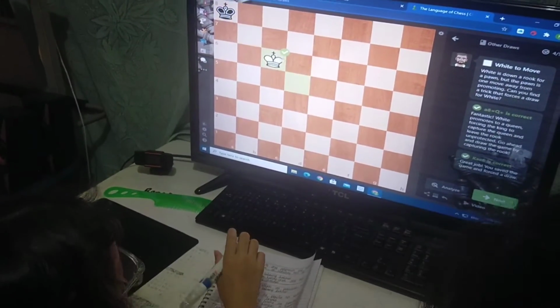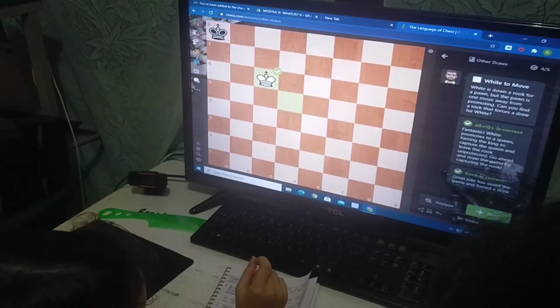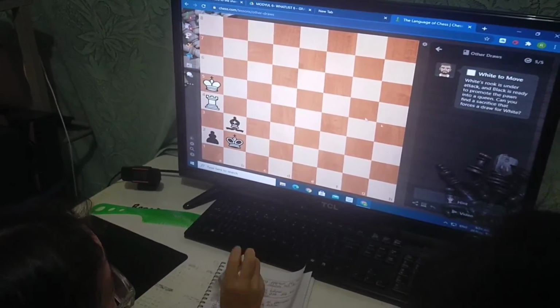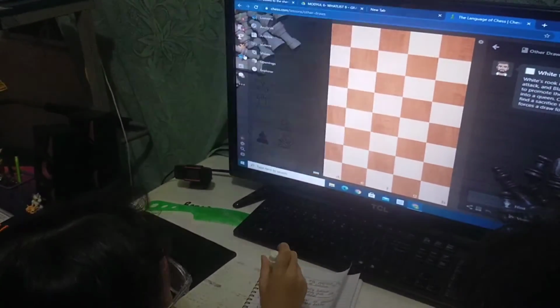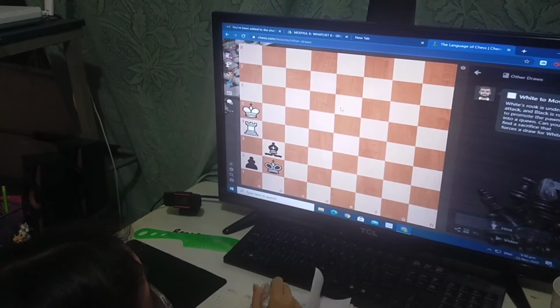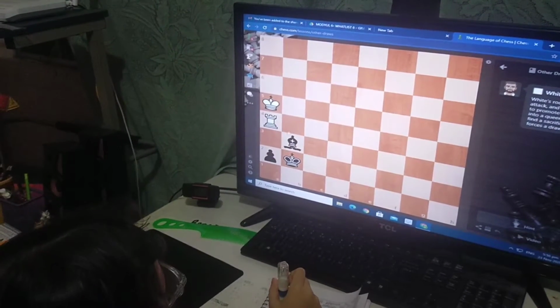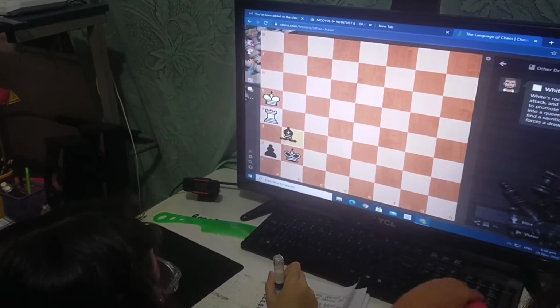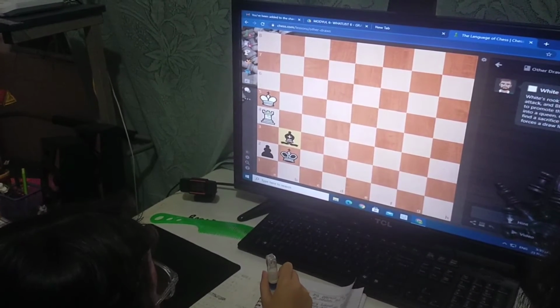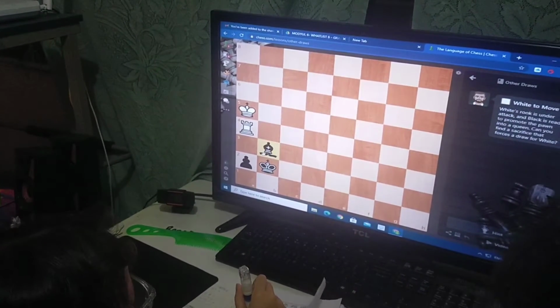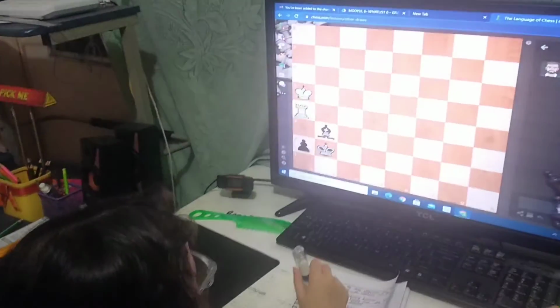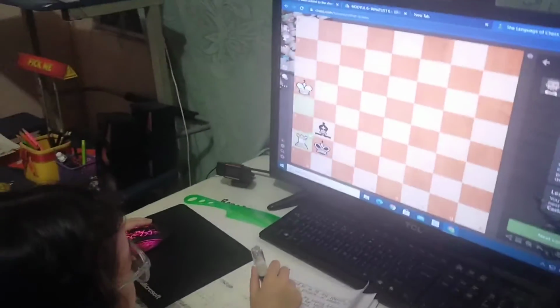Yan. Next. Okay, that's the last one. Bishop takes. Yan. Ay, white to move ka pala. Oh. White ka dyan. Kakainin mo yung pawn.